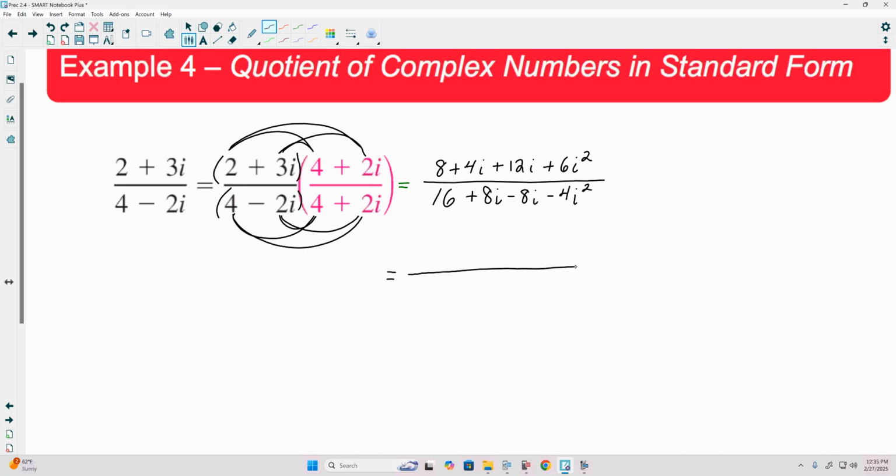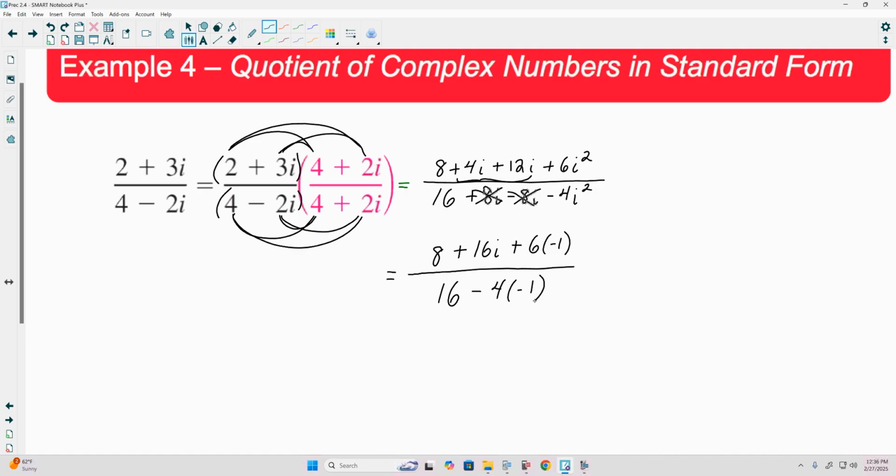And again, at this point, we can start simplifying. We have our 8. Now our 4i plus 12i is going to be plus 16i. Plus 6 times negative 1. On bottom, we still have the 16, but our 8i and negative 8i are going to become 0.